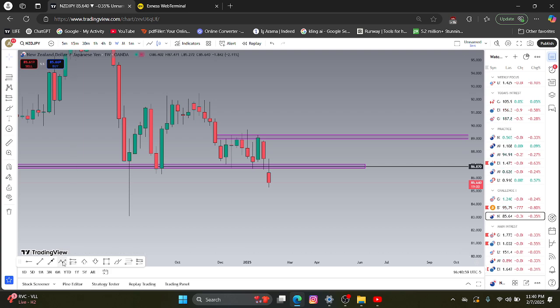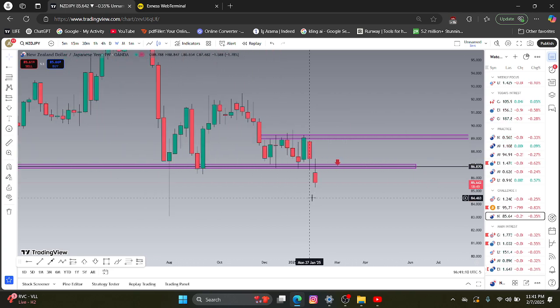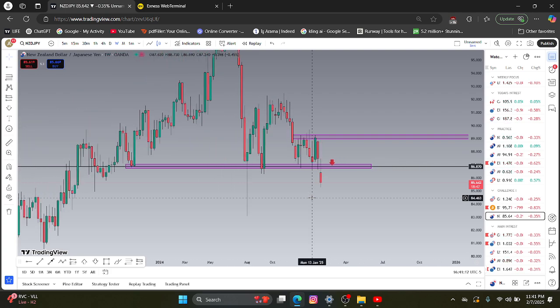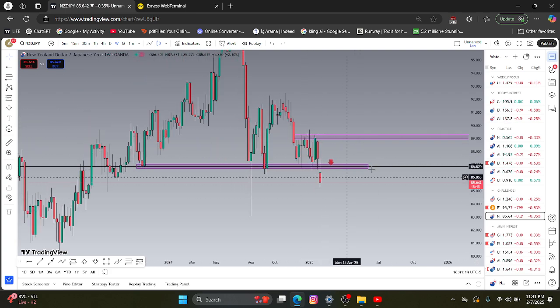We might do something if the market traces back there in this zone. Then we might consider selling this market as well if it traces that zone.